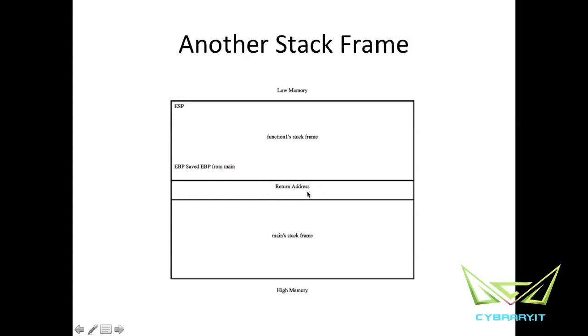So whatever is here, which should be our saved return address in main, since we're doing exploit development, you can imagine we might want to put something else there to get control of EIP. That is in fact exactly what we're going to do in this section. And then if we pop that off, ESP will now be pointing back at the top of main. We will have restored ESP and EBP.